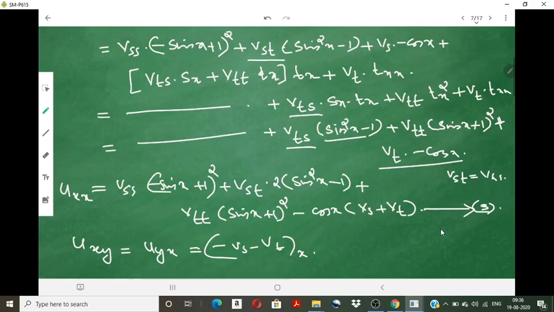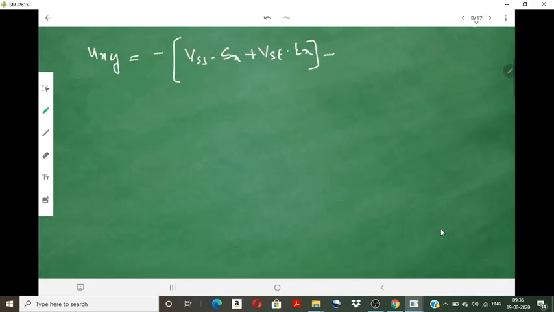Minus the derivative of Vt with respect to x, that is Vts into Sx plus Vtt into Tx.